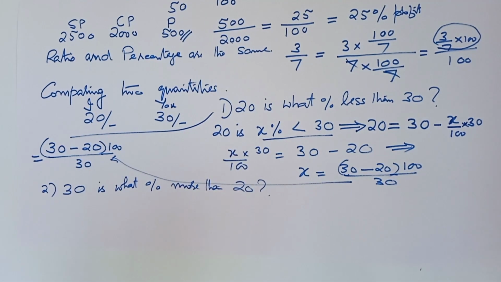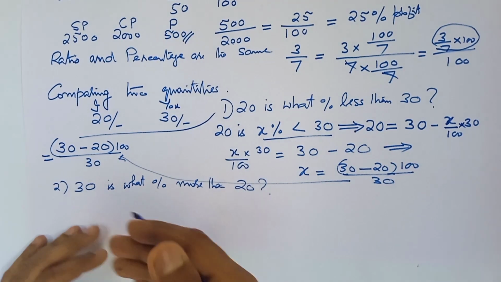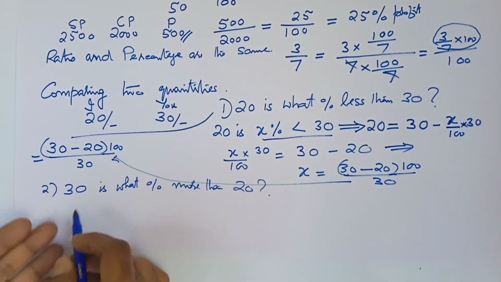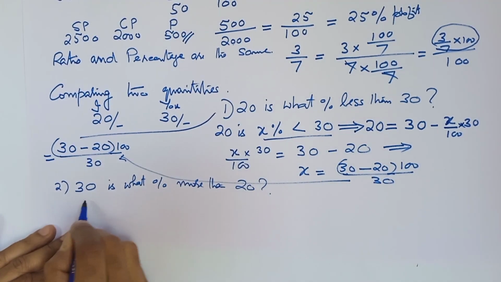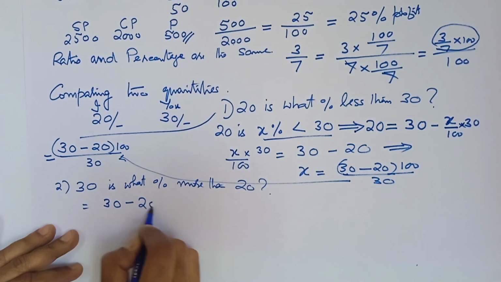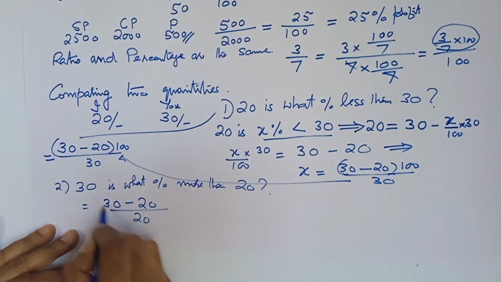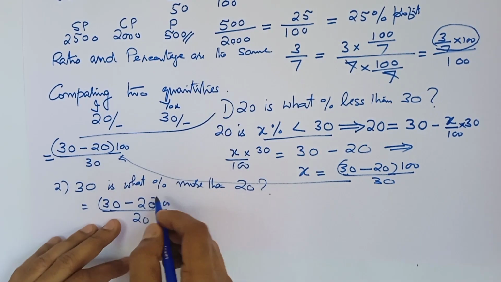What will be the answer to this question? If you go this way, you can go this way. I don't know whether I should explain the answer to this using this method. The answer is this: 30 minus 20 by 20, into 100. This is the answer to this question.